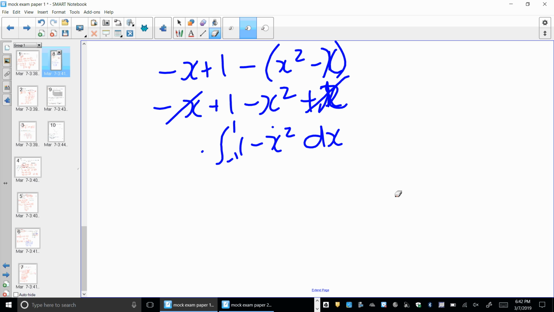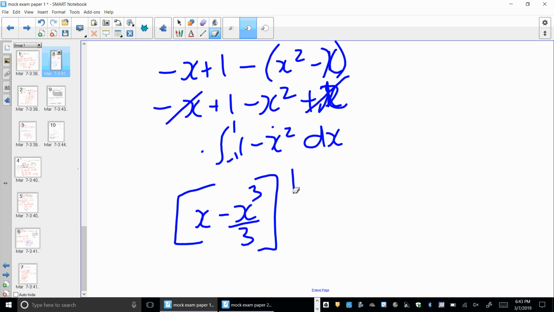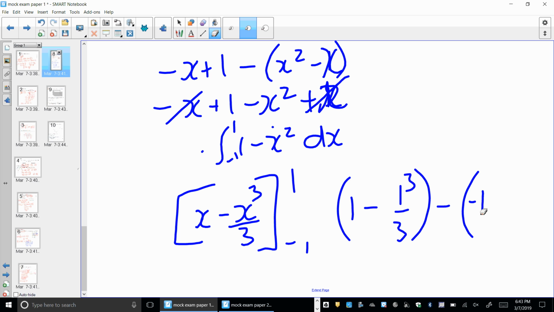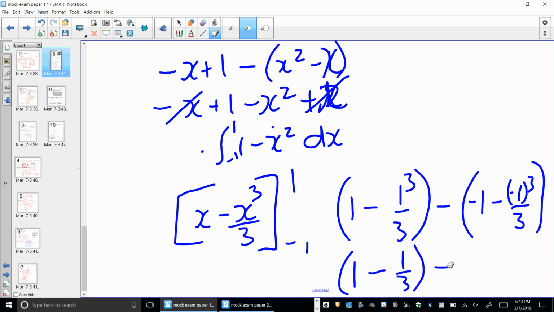So we're going to integrate 1 minus x squared. The integral of 1 becomes x, and x squared becomes x cubed over 3, between 1 and minus 1. So it's 1 minus 1 cubed over 3, subtract negative 1 minus negative 1 cubed over 3. So it's 1 minus 1/3, subtract negative 1.